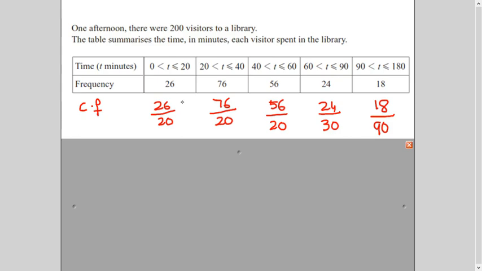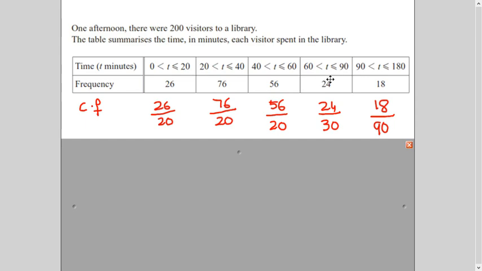We have seen the formula for frequency density is frequency divided by class width. So for this interval, frequency is 26, interval is 20, so you will do 26 divided by 20. Similarly for this interval, frequency is 76, interval is 20, so 76 divided by 20.